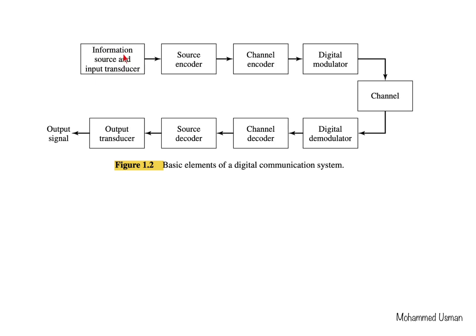If it's an analog signal, then between the information source and the source encoder there is a component called an A to D converter, which is the analog to digital converter. Once we have the signal in digital form, one of the things the transmitter side does is called source encoding. That is basically to remove the redundancy present in the signal, and that's basically compression.